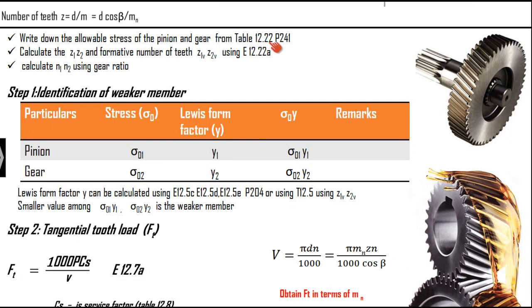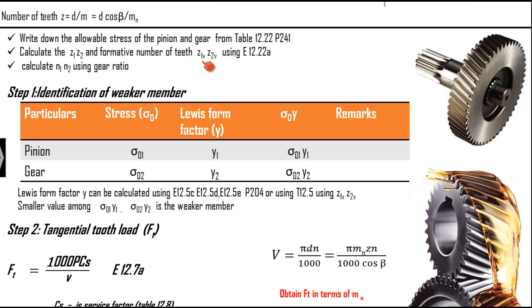Immediately after getting the stress values, we have to calculate the formative number of teeth. To calculate it, you should have the values of Z1 and Z2. At least you should have one of them, because if you know the gear ratio, from there you can calculate the other one. If not given, you have to assume a Z1 and then get Z2. Using Z1 and Z2 we calculate the formative number of teeth.